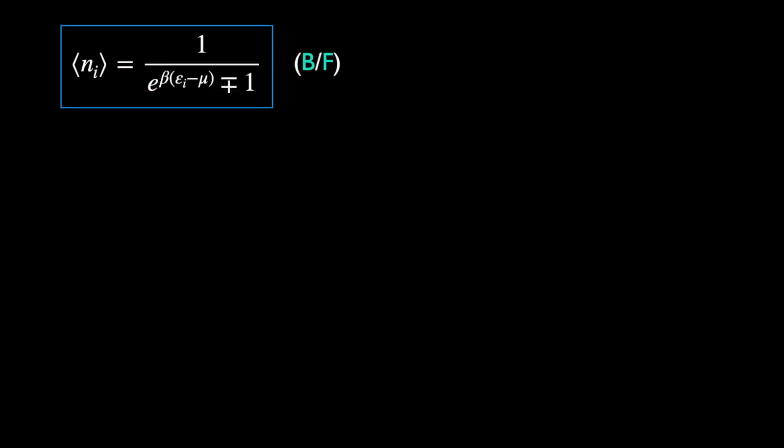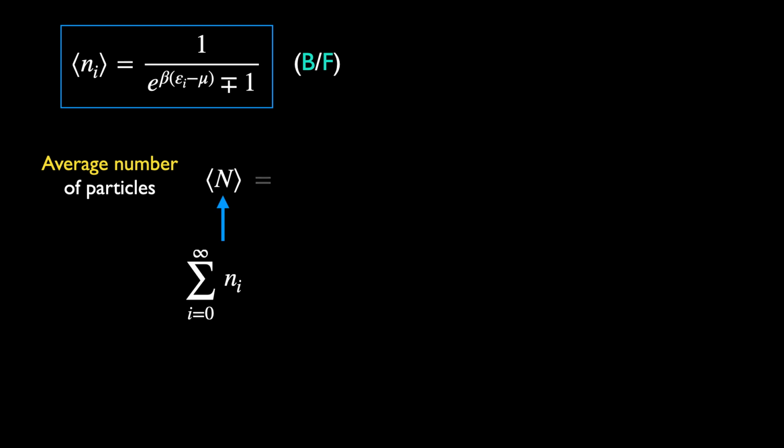Now we shall explain why we specifically chose the Grand Canonical Ensemble to describe our system. Using the result above, we could calculate the average total number of particles by summing over the contributions from all the states.